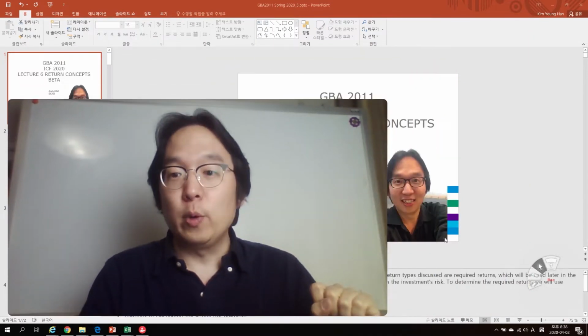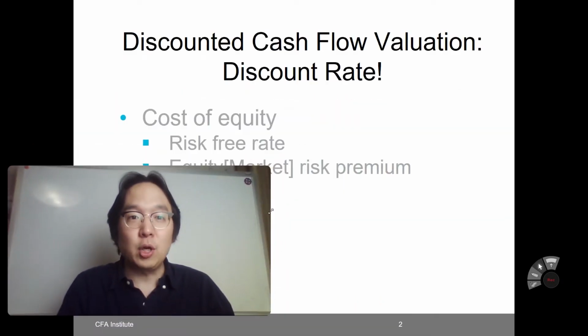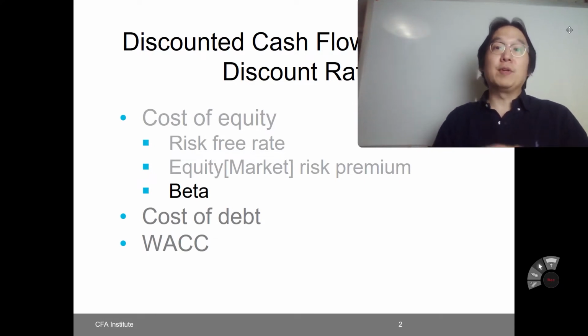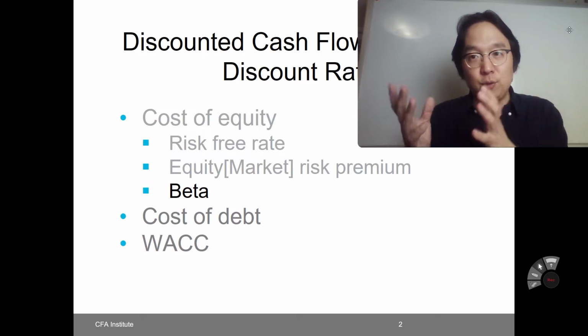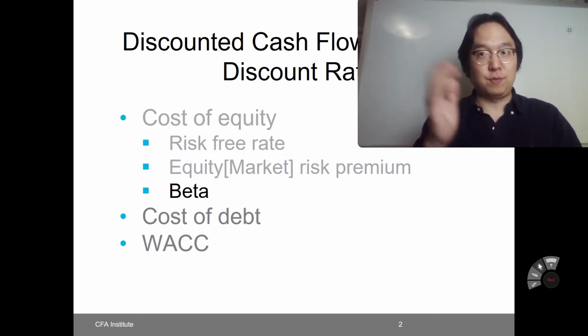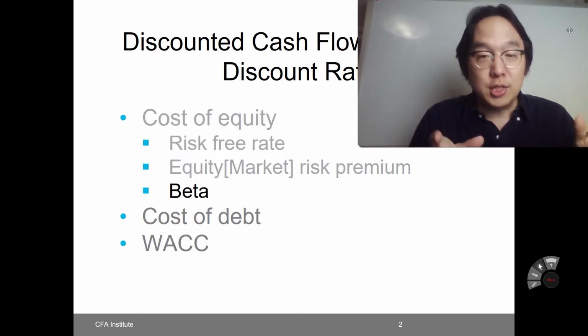And where are we in our lecture schedule? Here we go. So we've been talking about the discount rate that we're going to use in the DCF model. Of course, in the discounted cash flow model, you need a discount rate as well as cash flow. So for the discount rate, we've been going through the cost of equity.